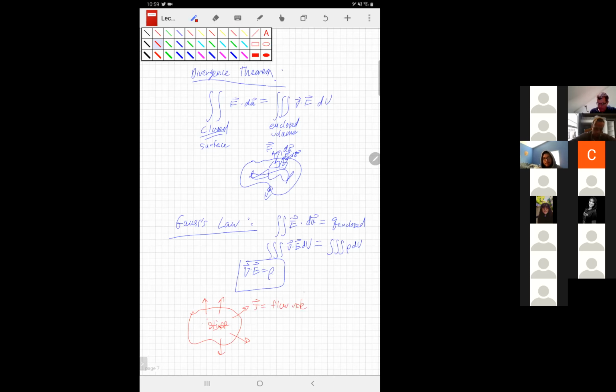So J is a vector whose length is the flow rate. Its direction is the direction of flow.